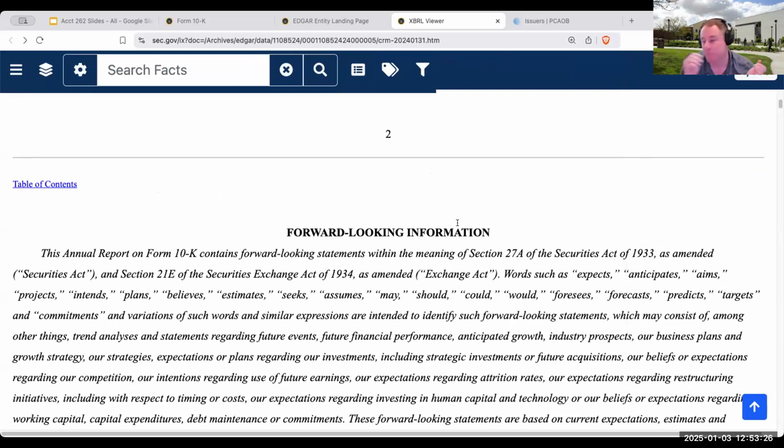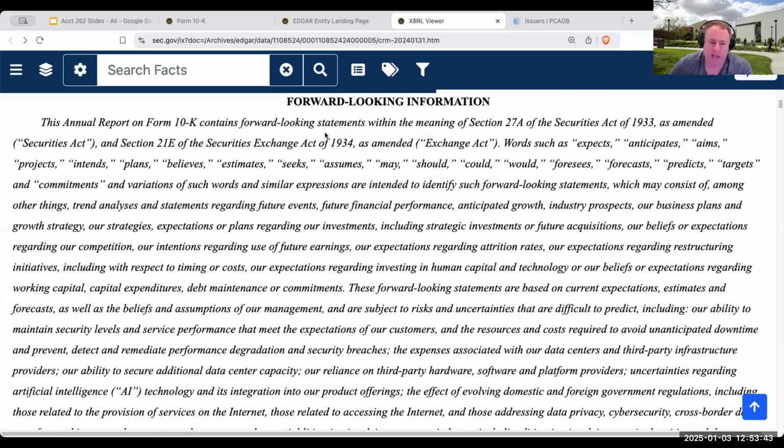And then the audit committee is checking: are the auditors independent? Are there any reportable findings? What's going on? But when you look at this, they're using words such as expects, anticipate, aims, projects, intends, and variations of such words and similar expressions intended to identify forward-looking statements, which may consist of, among other things, trend analyses and statements regarding future events and future financial performance.